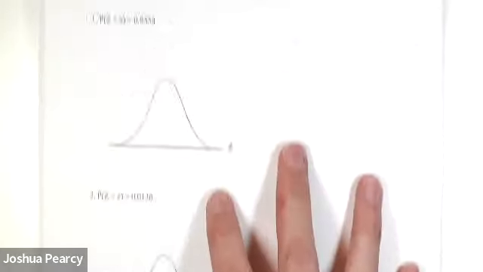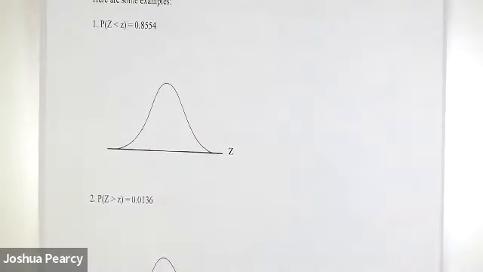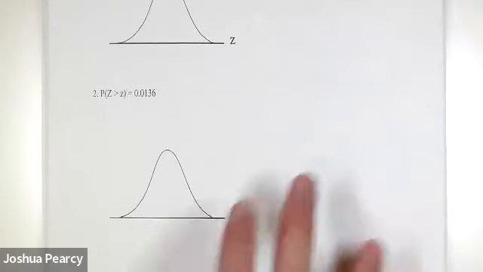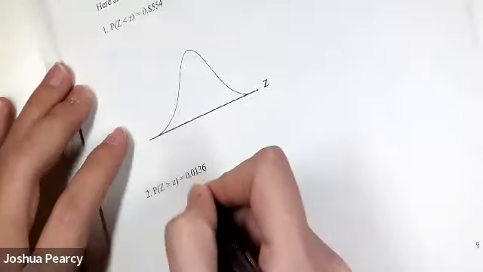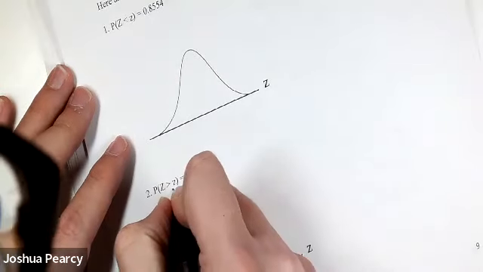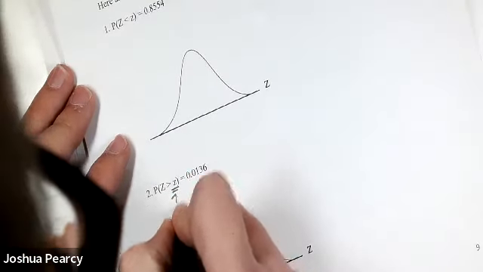Then using that idea, look at the second example. We just did something like the first. The probability of z being greater than the unknown z-score. So little z here is the unknown z-score.